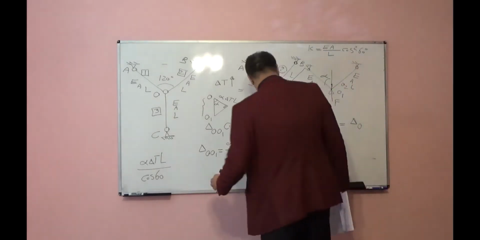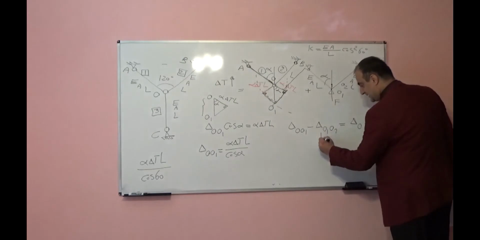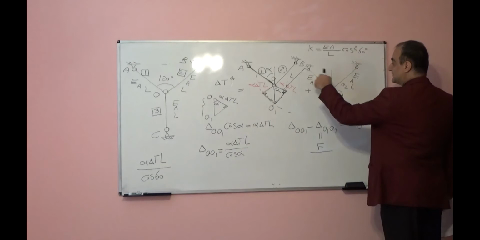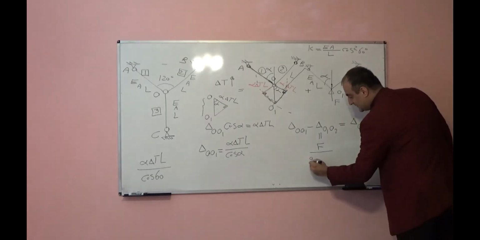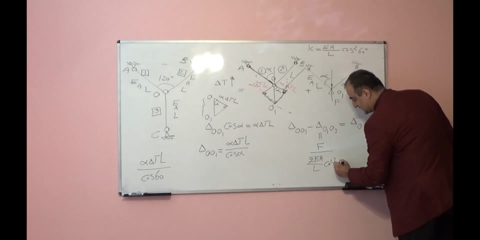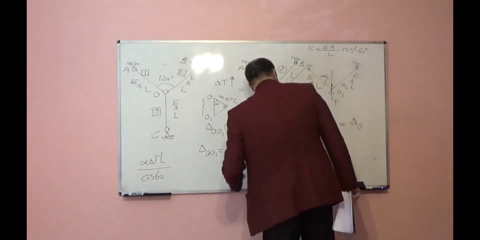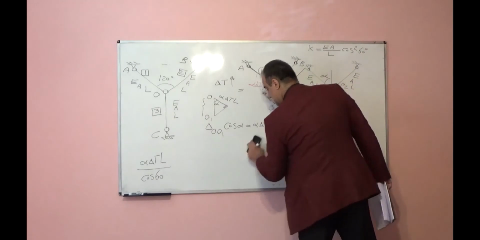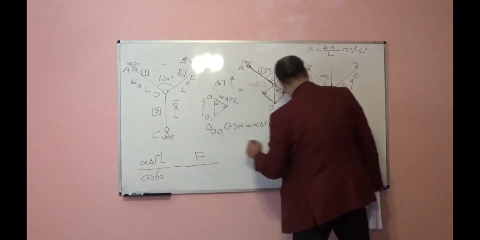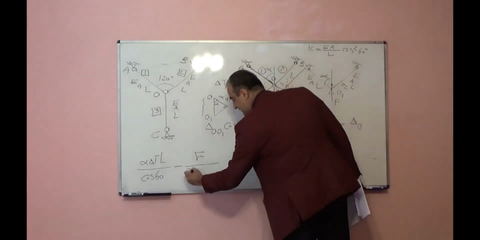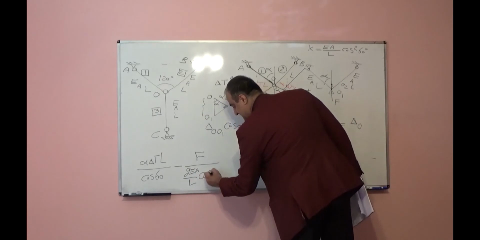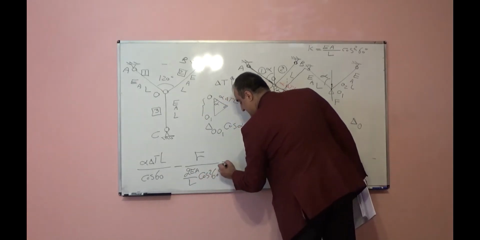So this delta will be F force divided by total stiffness. We have two rods, so it will be 2EA over L cosine square alpha. So it will move up, minus F divided by 2EA over L cosine square 60.